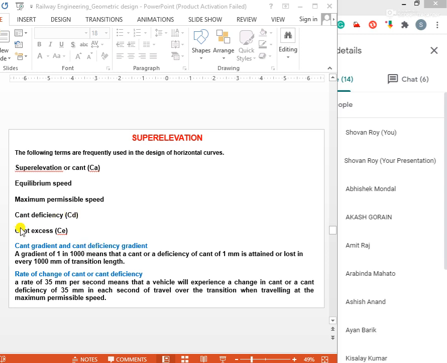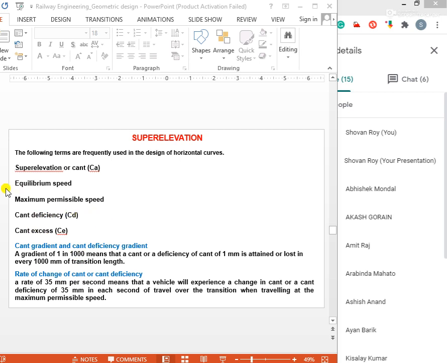What is the significance of cant deficiency and cant excess? You can understand this today. This is the most important thing in your calculation to find out the permissible speed of the train, that is, which speed we should provide for our particular track.